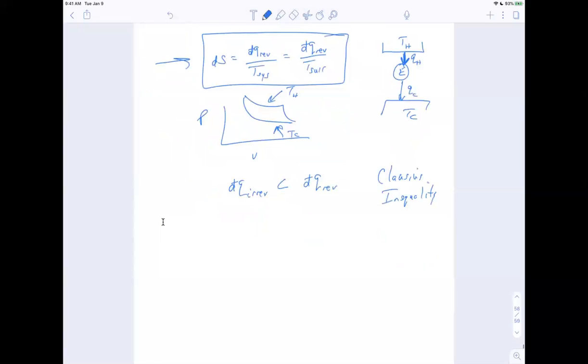Okay, that was what allowed us to write that dq over T is less than or equal to 0 over a cycle.